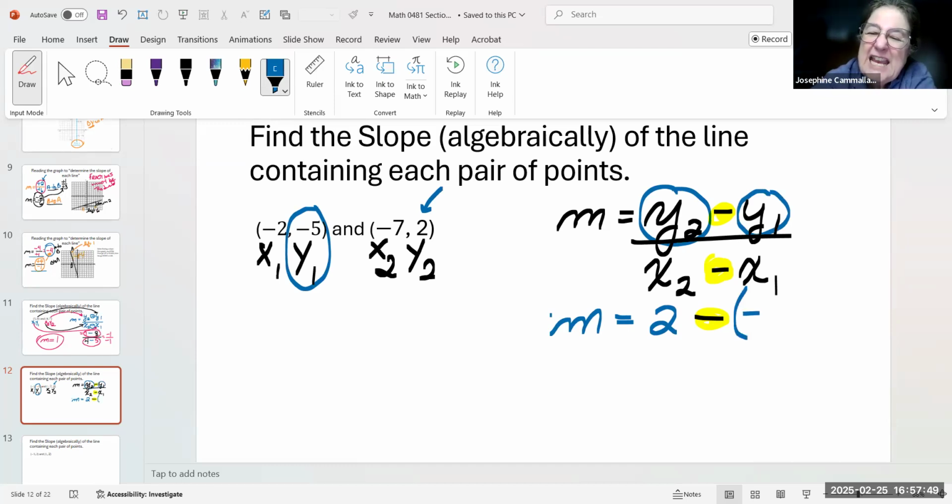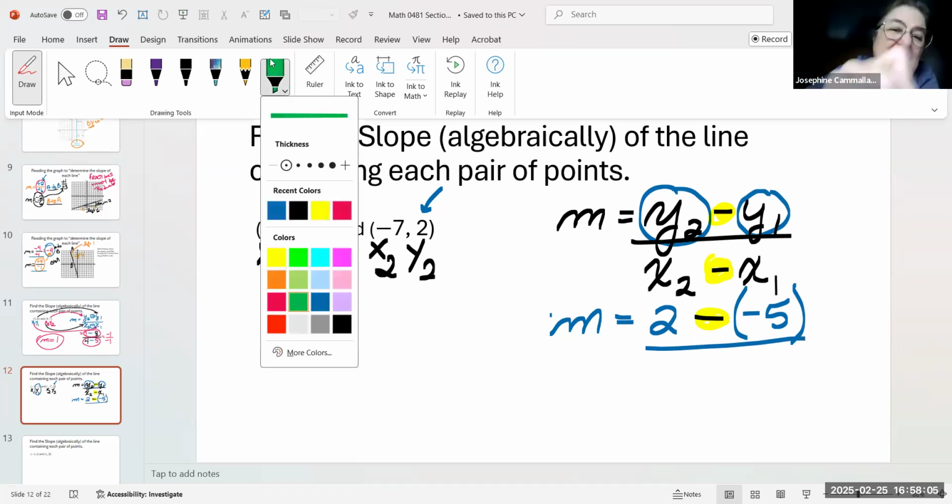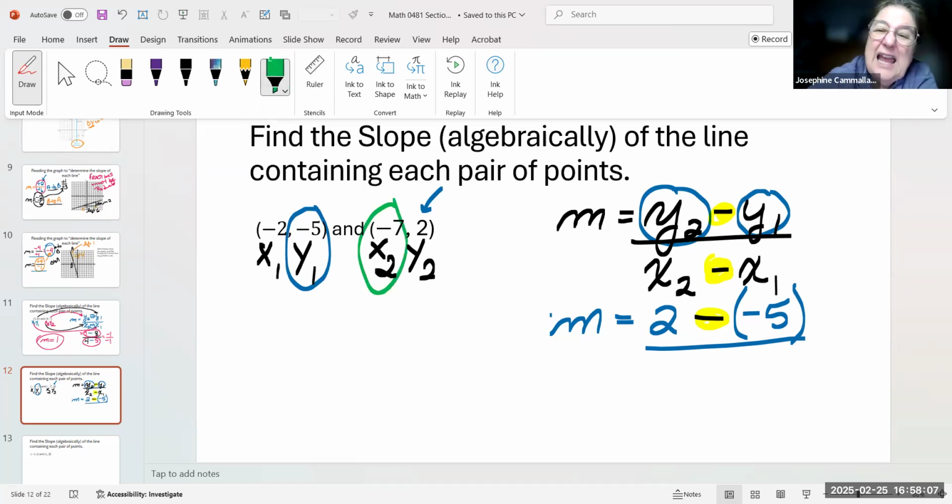This is a negative 5. That yellow negative you can't get rid of. Okay? And then I have x2. Well, x2 happens to be my green, which is -7.